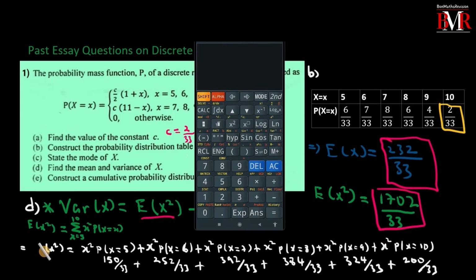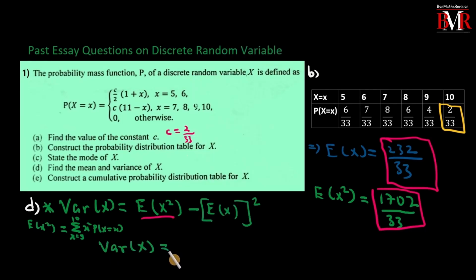the variance. That is, the variance Var x is E of x squared minus E of x all squared. That means in the place of E of x squared, I'll put this fraction.